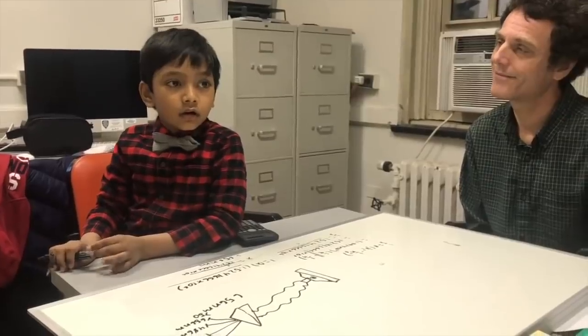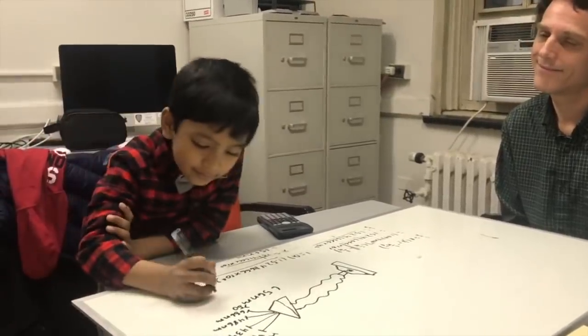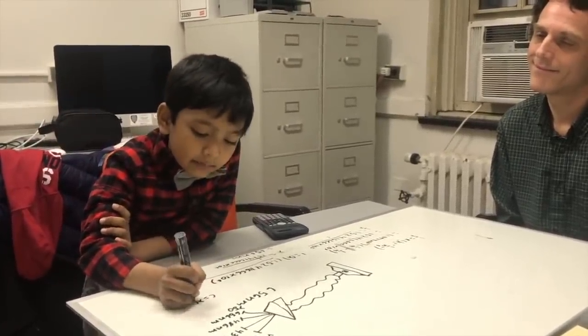And I guess one more question. Can you figure out the speed of light from all of this? Oh. C is lambda times the frequency.